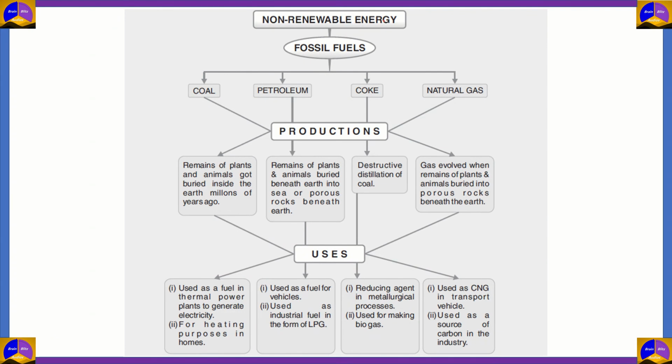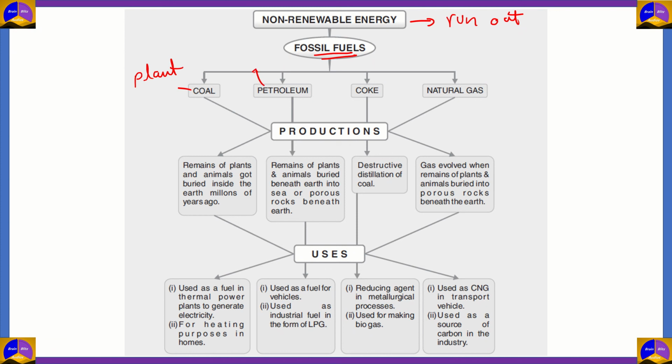These are energy sources that when we use them excessively, they do run out in the near future. And the most common example of non-renewable energy is fossil fuels, and the examples of fossil fuels are coal, petroleum, coke, and natural gas. Coal is plant material.